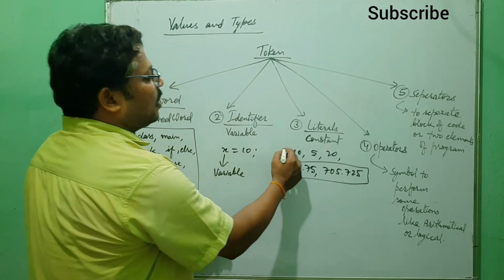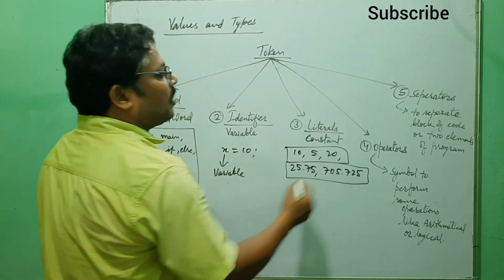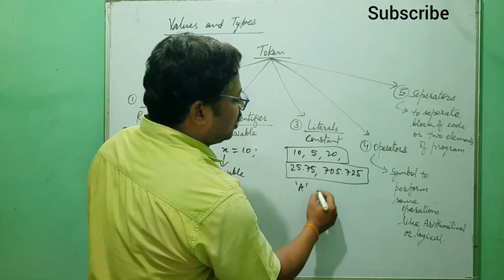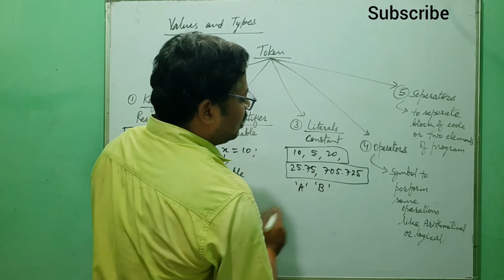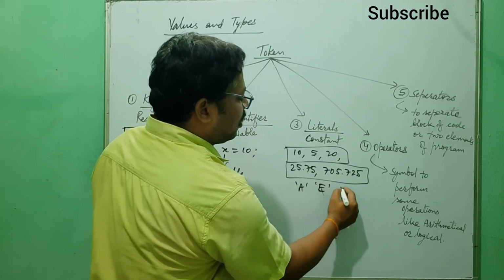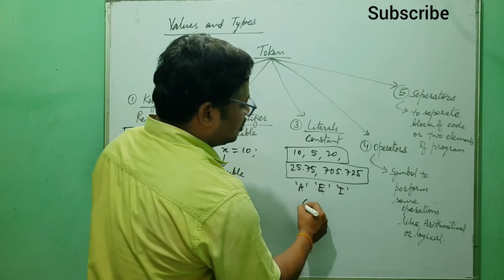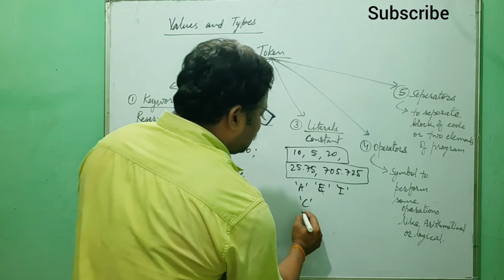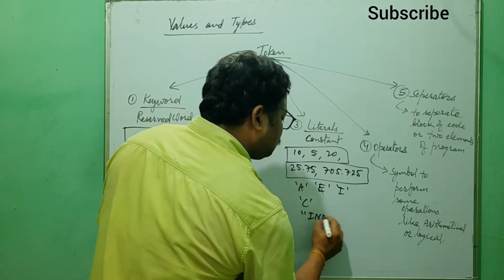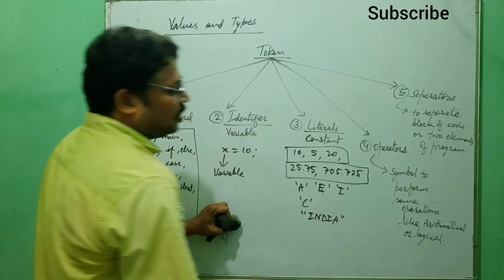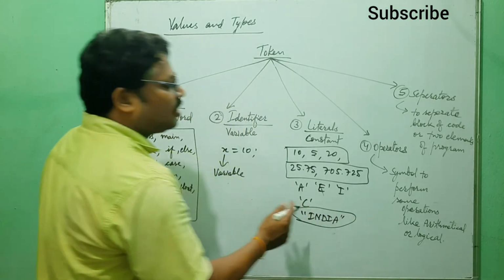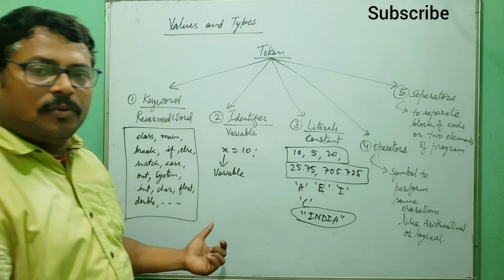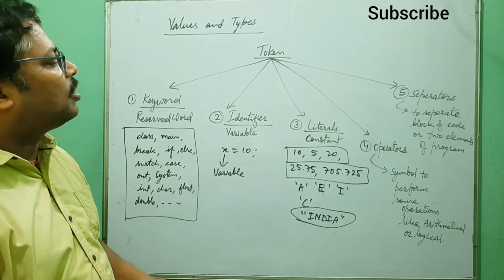That means integer value, real value, floating point, fractional value. It may be alphabets like A, B, C. These are all characters, that is, character values. When we say India inside double quotes, India means India, that is fixed. We use these values in variables for making the program, according to use.